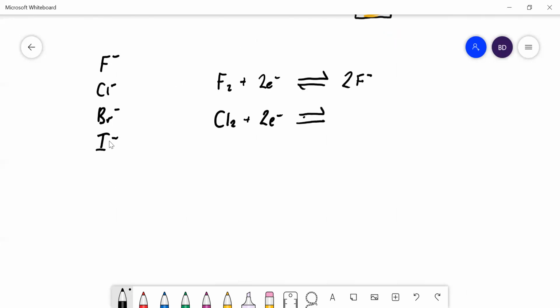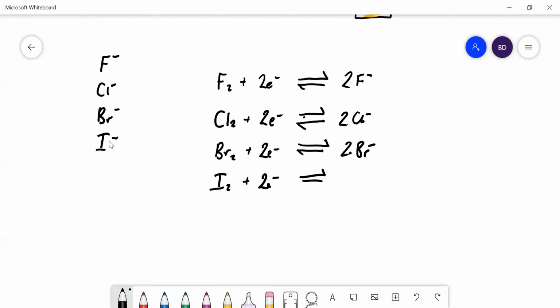So does chlorine. So does bromine. And so does iodine. So let's think about those little equilibria there.